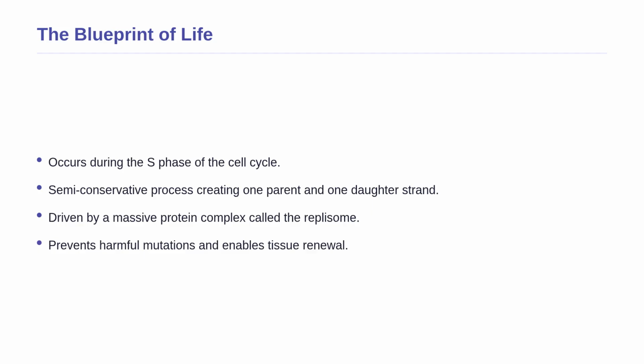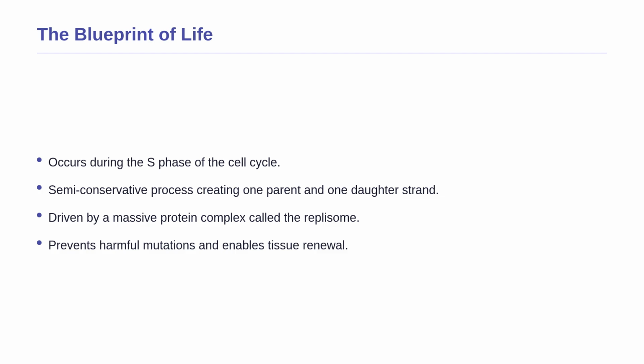To begin our journey, we must understand the big picture of why and when this copying happens. Eukaryotic DNA replication takes place during the synthesis phase, or S phase, of the cell cycle. It is a semi-conservative process, meaning each new DNA molecule keeps one original parent strand and builds one brand new daughter strand.